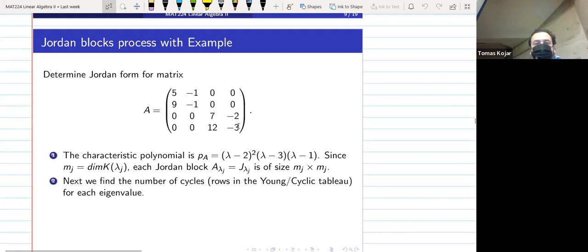And now for the next guy, you do row 3, row 4, you change them. So you have 12, 3 minus lambda, 7 minus lambda, minus 2, 0, 0, 0, 0, right? And now you want to kill this guy. So you do lambda minus 7 over 12 times row 3 plus row 4.